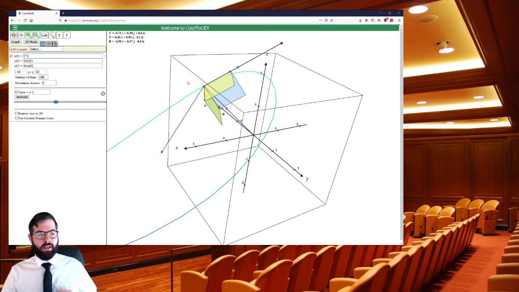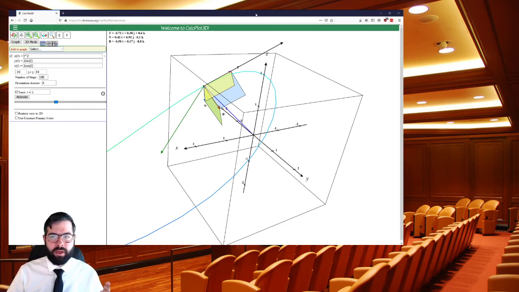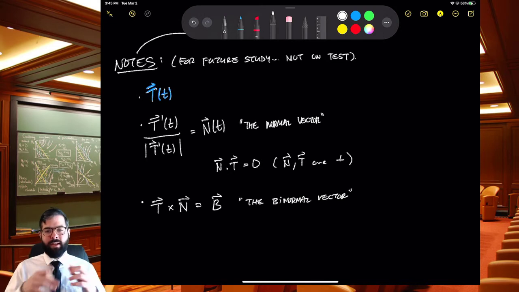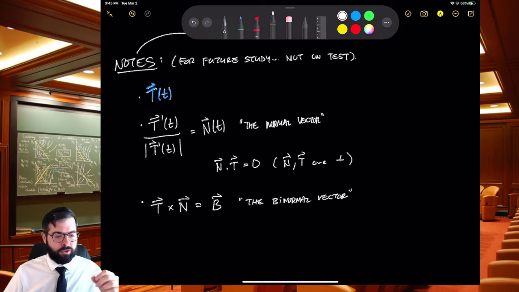So a lot of information is in every point along a space curve as long as we have it parametrized. And the next section is, how do we keep all that good stuff and strip away some of the problems that come with parametrizing a curve in a non-unique way?